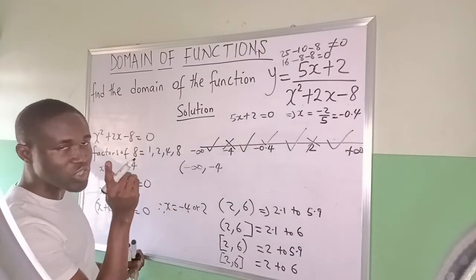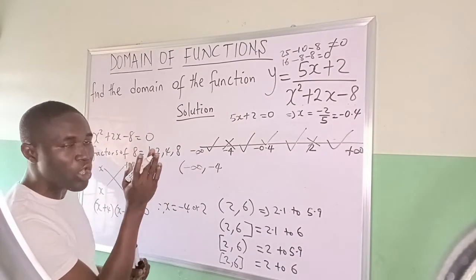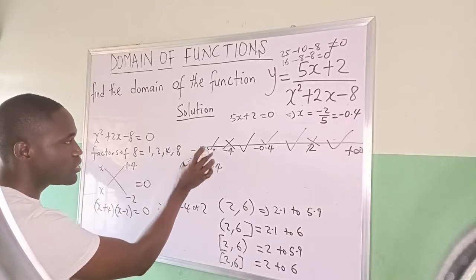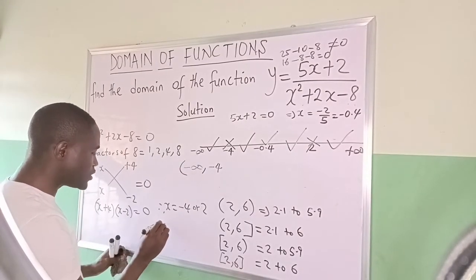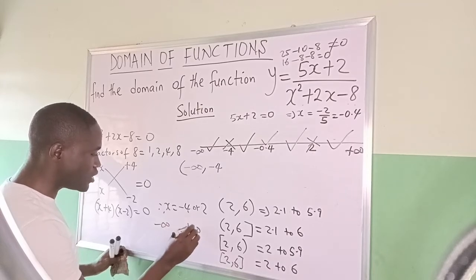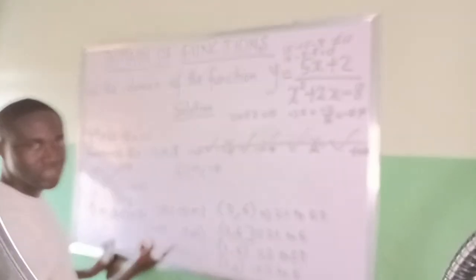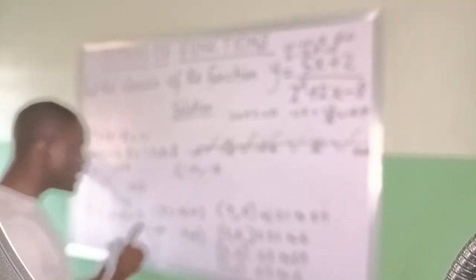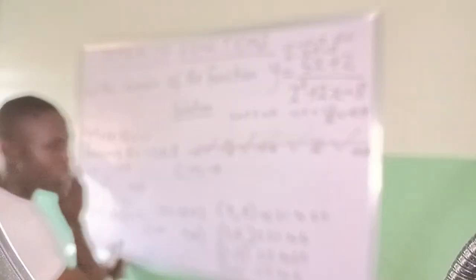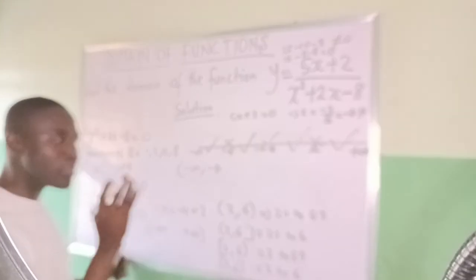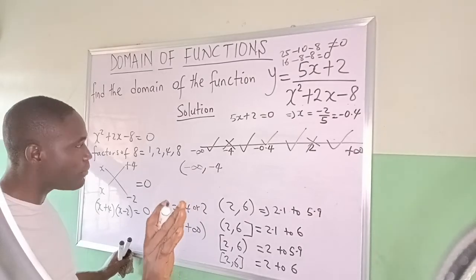Whenever you have minus infinity or plus infinity, use an open bracket on it. Don't use a closed bracket. It is a rule, because minus infinity is not a number but represents sets of negative numbers. Plus infinity is not a number but represents sets of positive numbers.